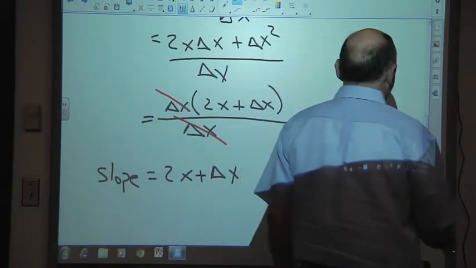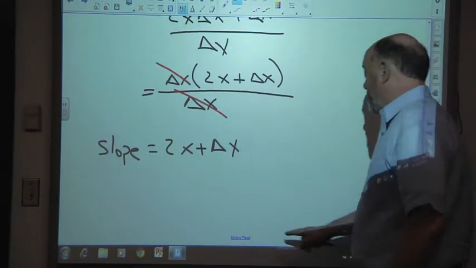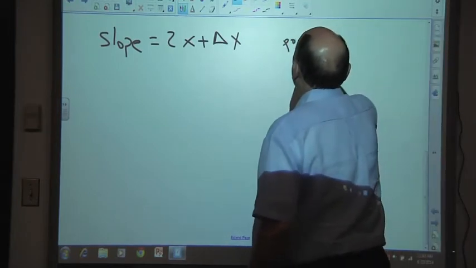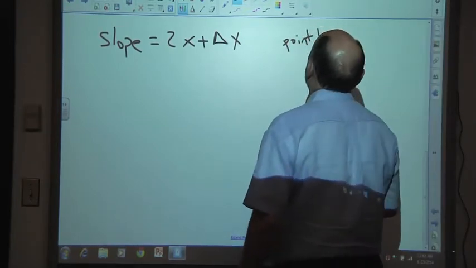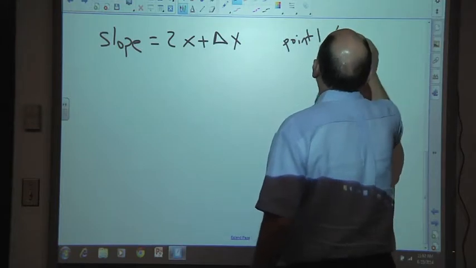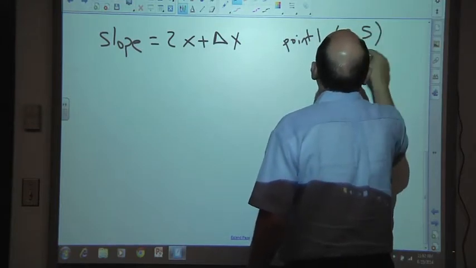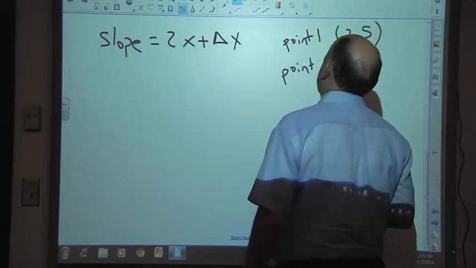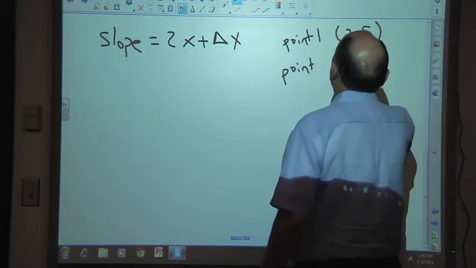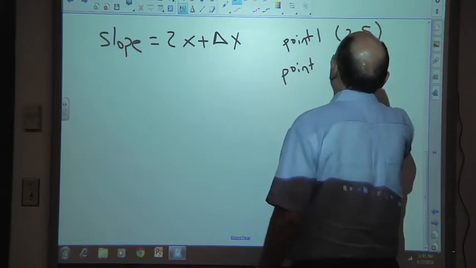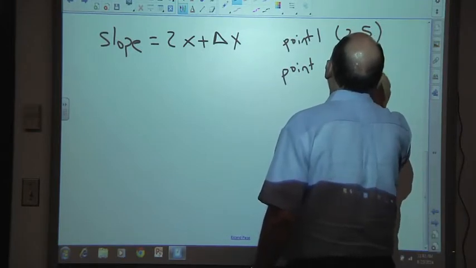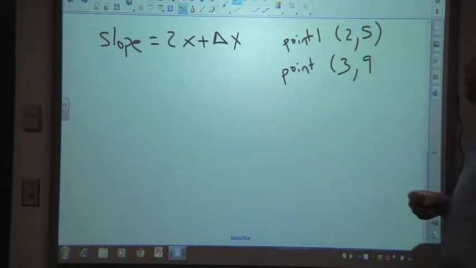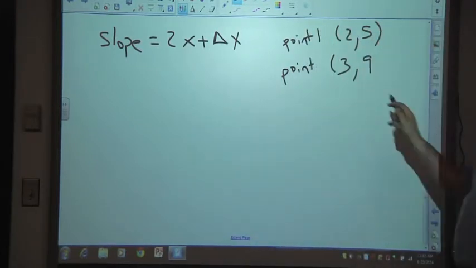So for example, if I gave you something like this, let's say that point 1 was given to be 2, 5. And my second point was going to be the point 3, 9. Okay, this is point 2.